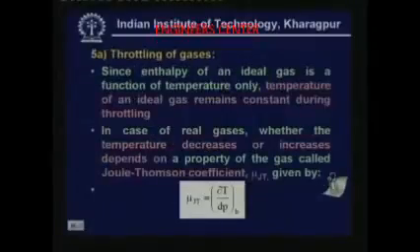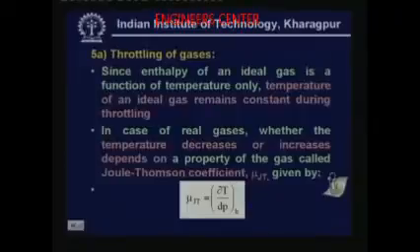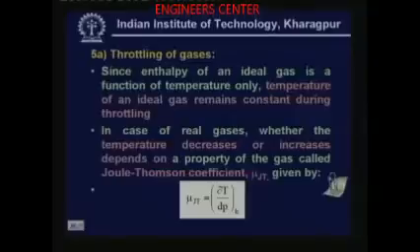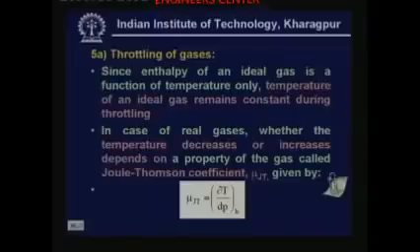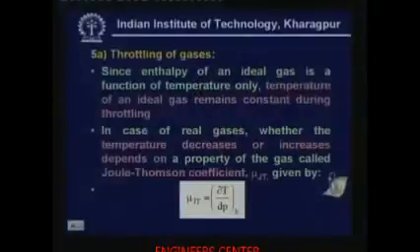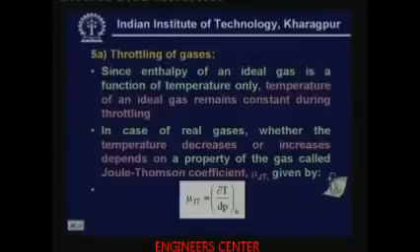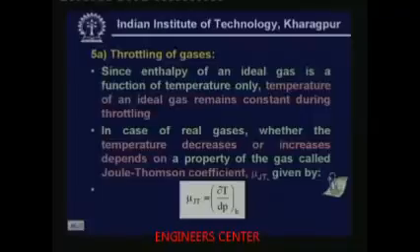Throttling of gases. First let us look at an ideal gas. If you throttle an ideal gas, what happens? Throttling means, as I said, reducing the pressure using a restriction, so that you must keep in mind. When I am throttling an ideal gas, as you know, the throttling process is an isenthalpic process, and for an ideal gas the enthalpy is a function of temperature only.